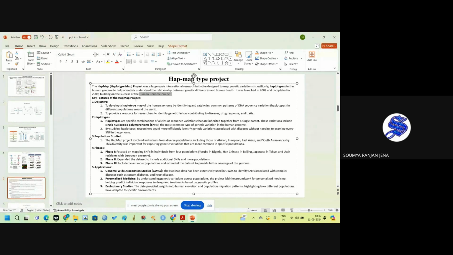In this HapMap project, the objective is to develop a haplotype map of the genome by identifying and cataloging common patterns of DNA sequence variation, that is haplotypes, in different populations around the world.